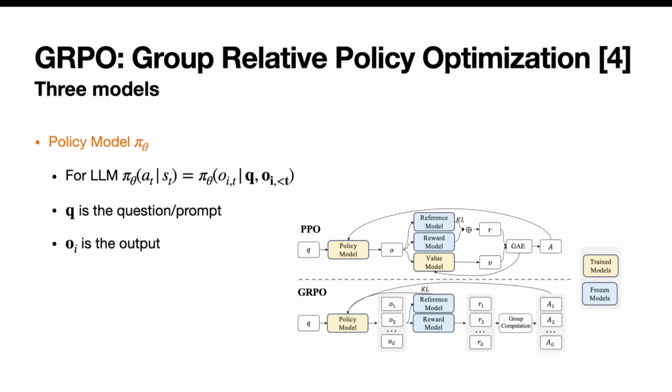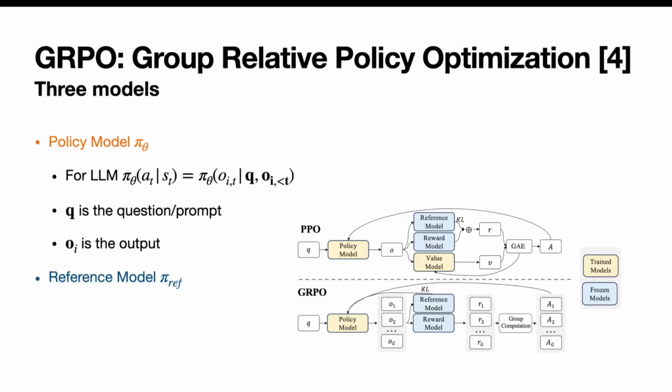The first is the policy model pi theta. This is the language model we want to optimize. For an LLM, the policy gives us the probability of the next token conditioned on the prompt and the previous generated tokens. Because GRPO samples a group of answers per prompt, we index by both the answer i and the token position t.